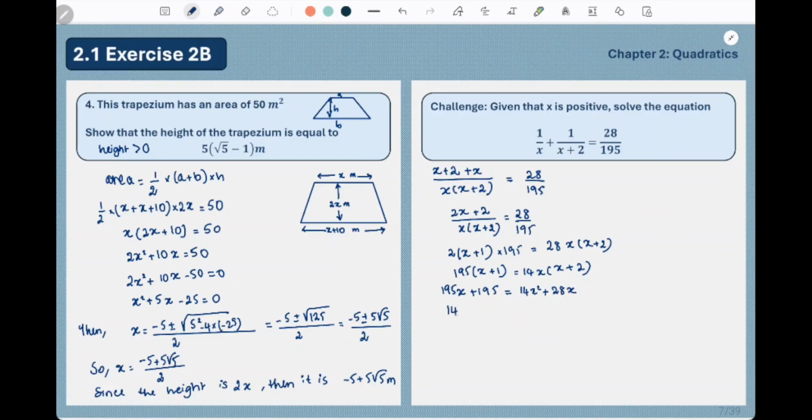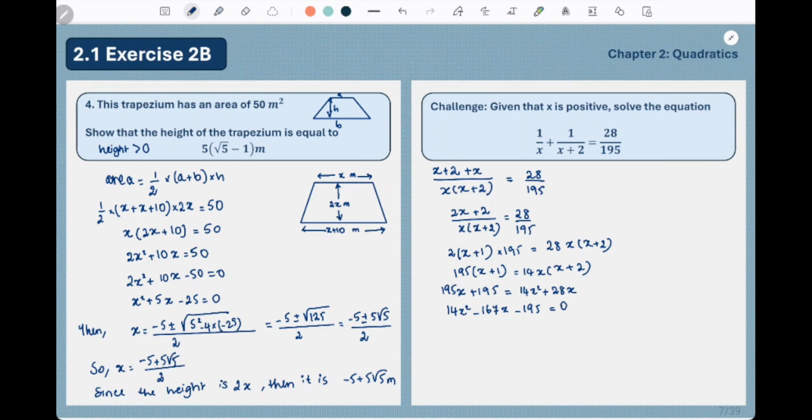So I'm going to join all of these to the other side. 14x squared plus 28x minus 195x is minus 167x minus 195, because it's moving to the other side. Basically I'm moving these numbers to this side, I'm not doing anything extra, and it's equal to 0.